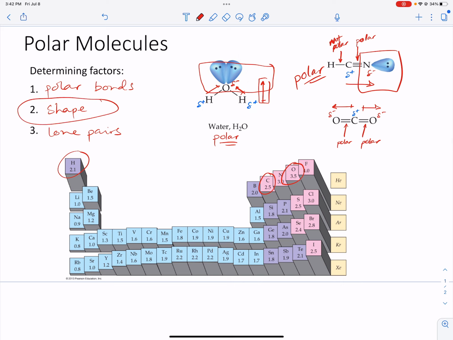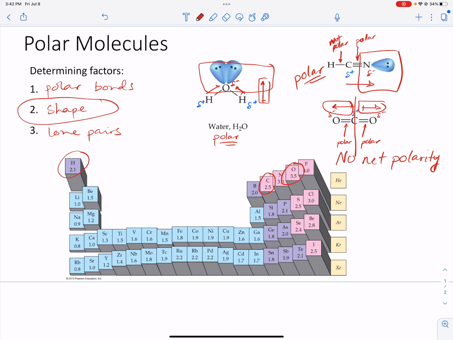Is this molecule symmetrical? And it is. If you draw a line down the middle, you got a plane of symmetry. Both halves of the molecule are mirror images, okay? They're the same. So we've got symmetry here, which means overall we have no net polarity. What this means is that these dipoles here, they cancel out because they're pointing opposite directions, right?